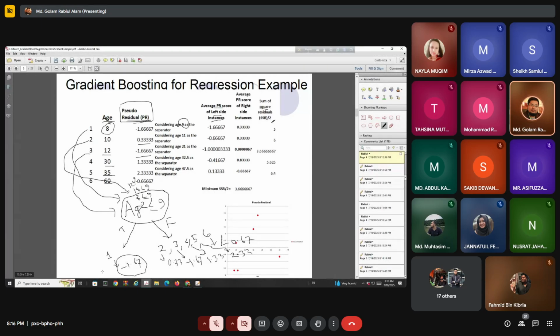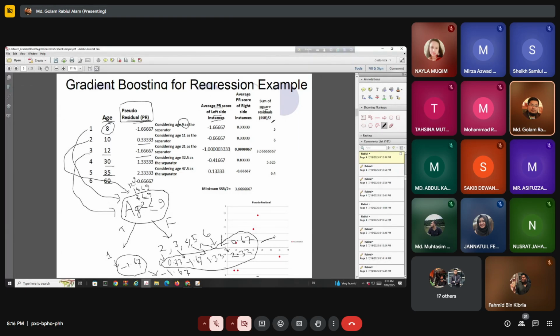The average of the left side will be the same as the only instance we have, negative 1.67. And we have to find the average of the right side also. That means we sum up all these and divide by 5.